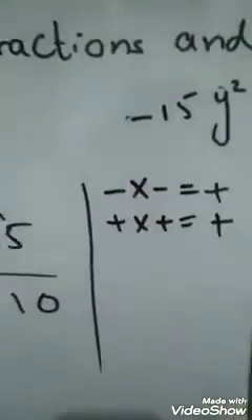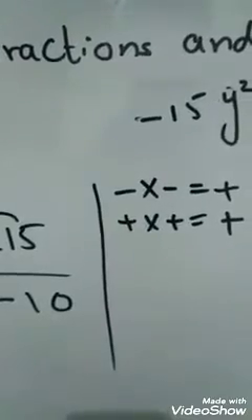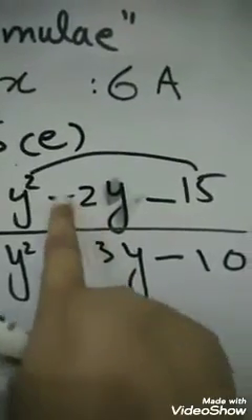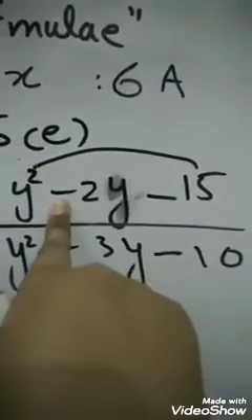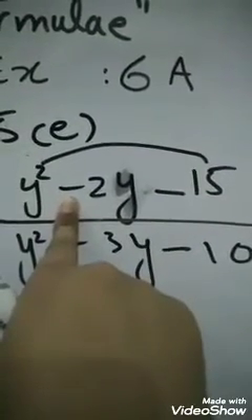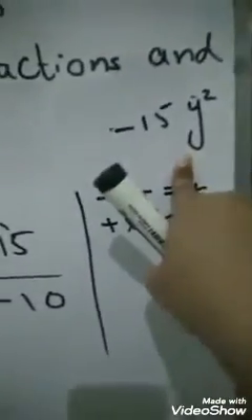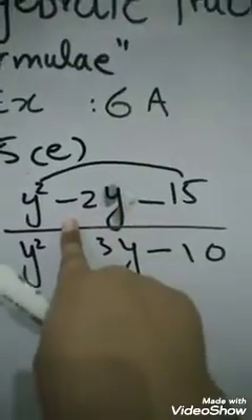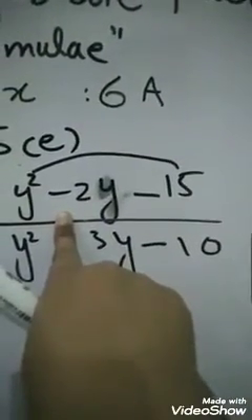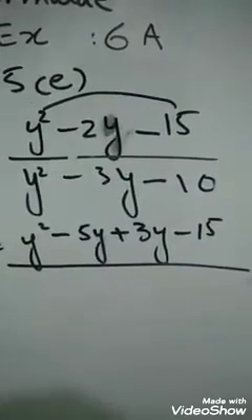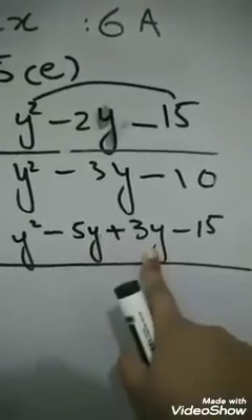So that minus indicates those two values have different signs, and after addition or subtraction we are required to get minus 2y. That minus indicates that the greater value has the negative sign, so we require a pair that would be equal to minus 15y square after multiplication, and after subtraction it would be equal to minus 2y.